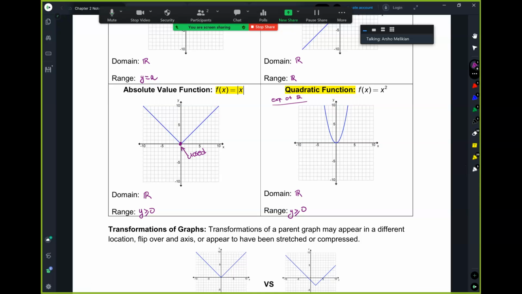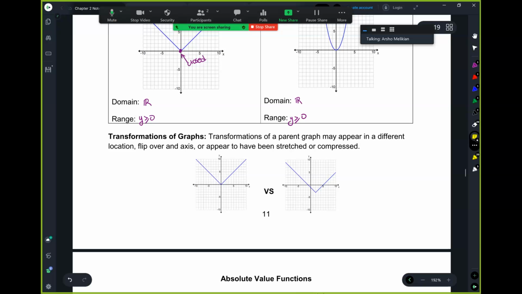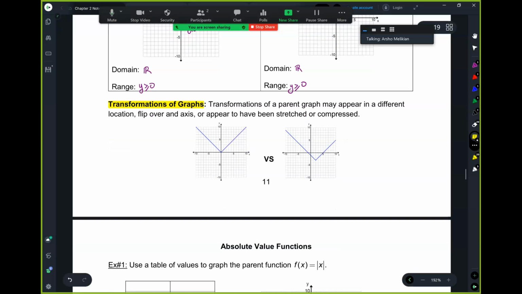Now, you can take these parent functions and you can make embellishments to them. Of course, in math, we don't call them embellishments. We call them transformations of graphs to change them into the cute little functions that we know. So a transformation may do various things. It could flip the graph over horizontally or vertically.